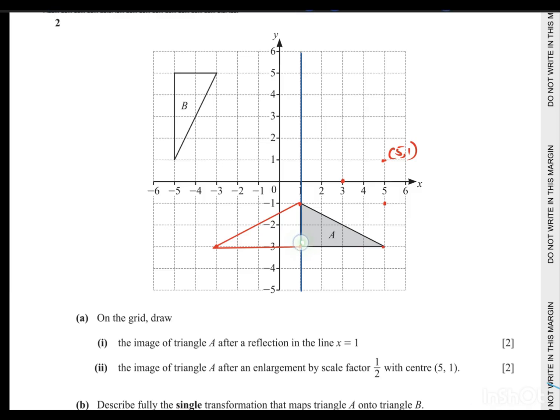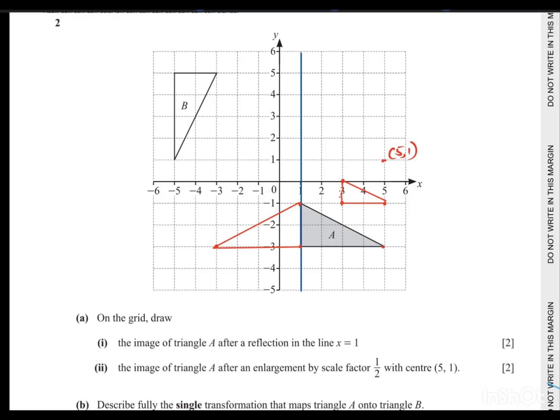That will be 2 boxes from this coordinate. This is 2 boxes down, so from this coordinate it will be 1 box down, so it will be here, and we got the enlargement here. Just join them like this. So this is the enlarged triangle.